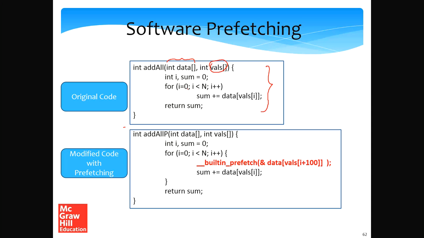For each of the n entries, starting from 0 till n minus 1, we access each entry of the vals array, and we assume that each entry of the vals array contains an index. We take that index and access the data array, and whatever number is stored over there, we add it to the sum, and finally we return the sum. So this is called the add all function.